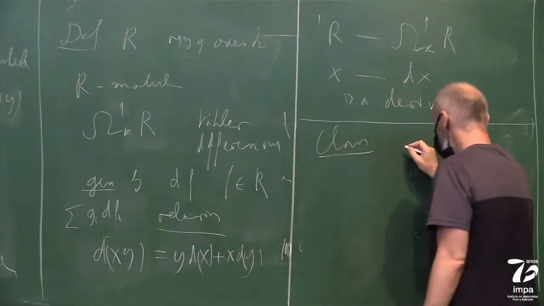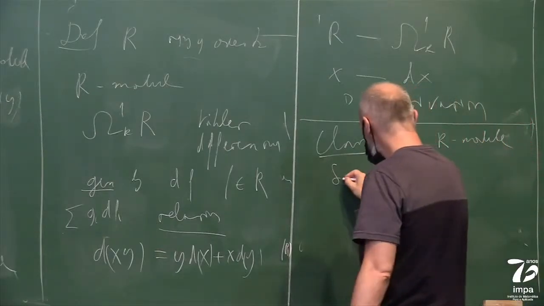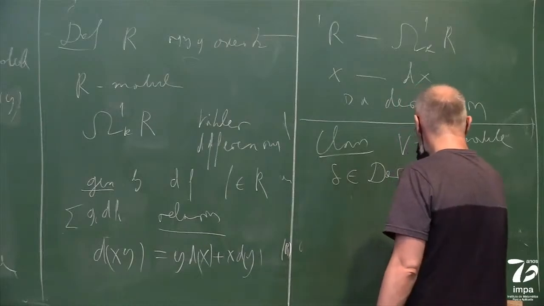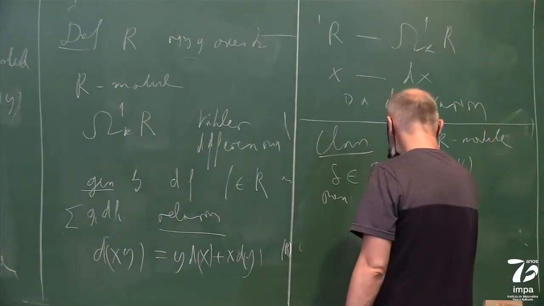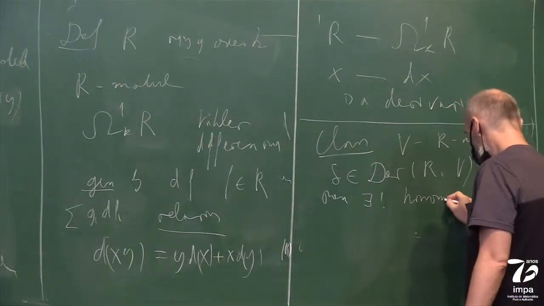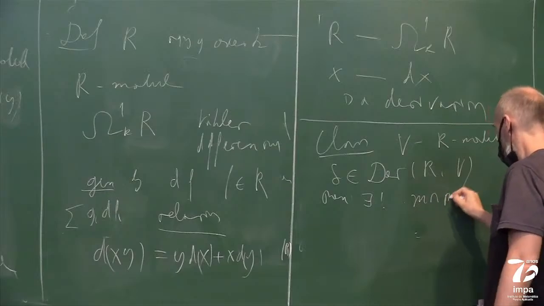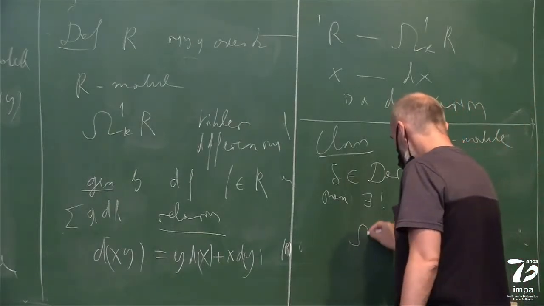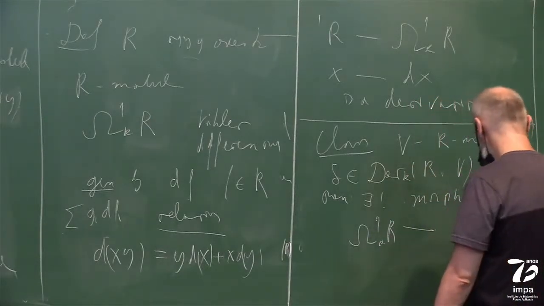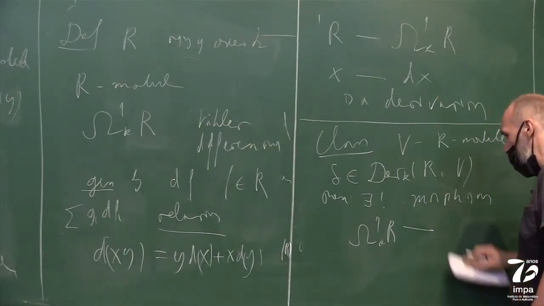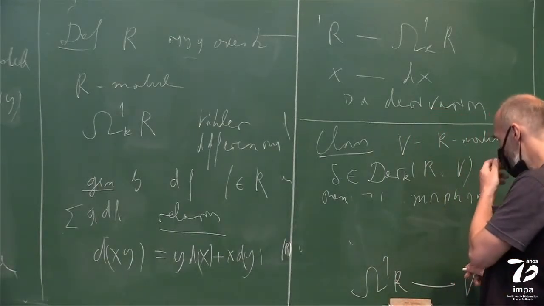Suppose you have V, an R module, and delta is a derivation from R to V. Then there exists a unique morphism of R modules from omega 1 R over K to V, which makes the following diagram commutative.